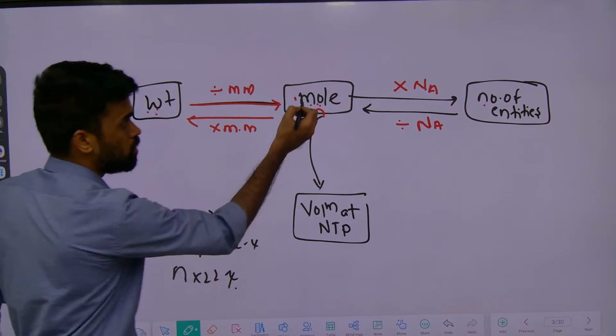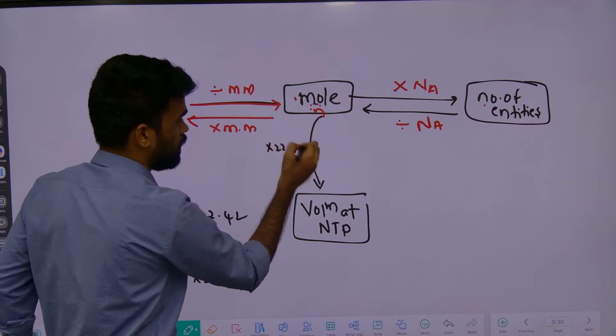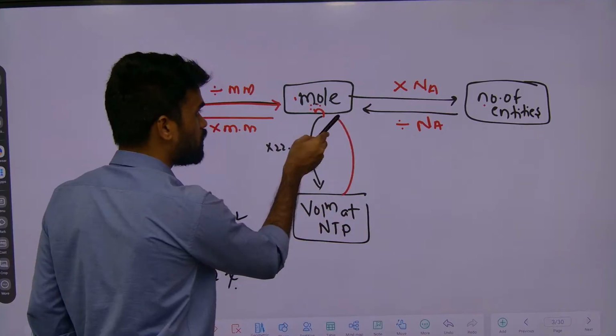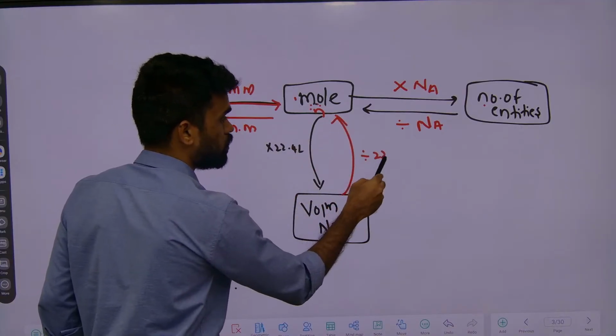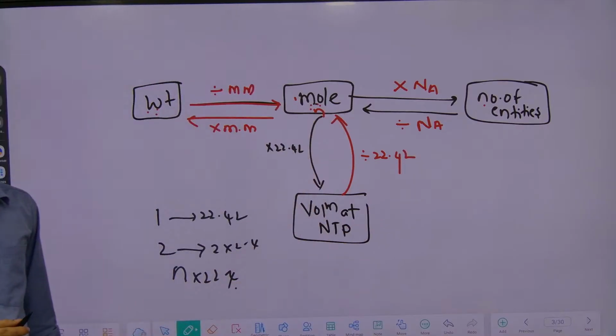So multiply the given moles with 22.4 liters at NTP condition only. If only volume is given, divide with 22.4 liters, then you will get the number of moles.